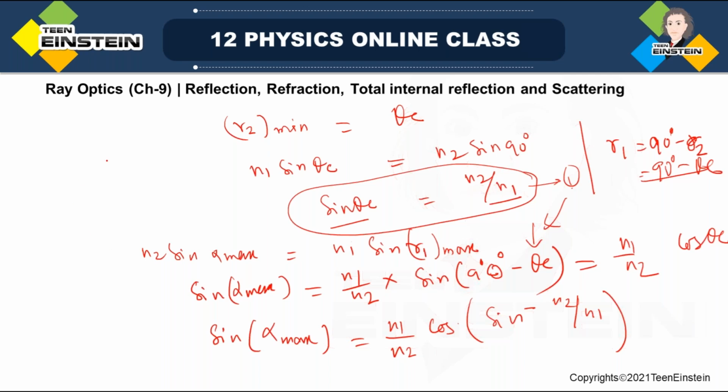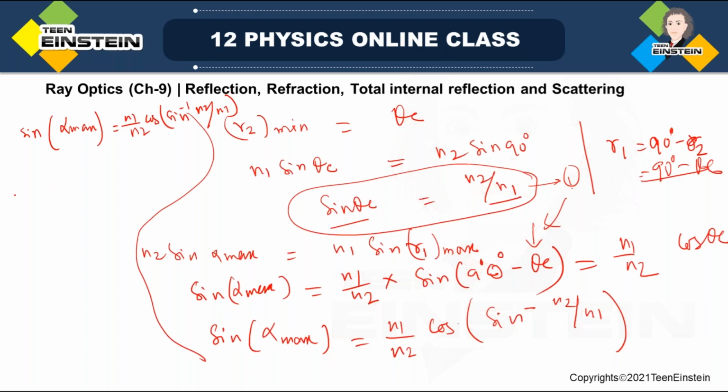Okay, let us just summarize here what we have got. Sine of alpha max is equal to n1 by n2 cos of sine inverse n2 by n1.